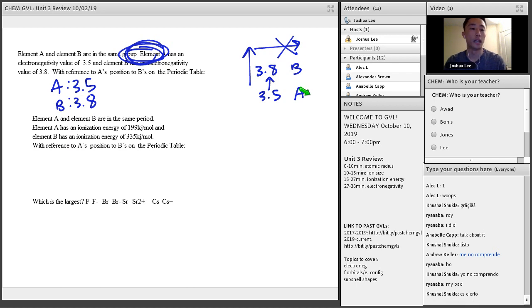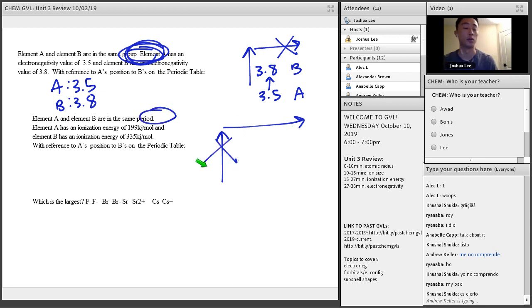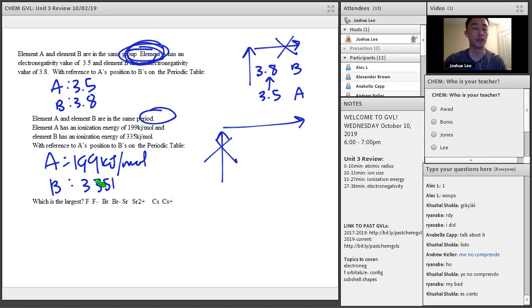For the next one, elements A and B are in the same period, and we're talking about ionization energy. Ionization energy, same thing, increases going up and to the right. Same period tells you we don't actually care about the going up part, so we only care about going left and right. A has an ionization energy of 199 kilojoules per mole. Element B has 335 kilojoules per mole.